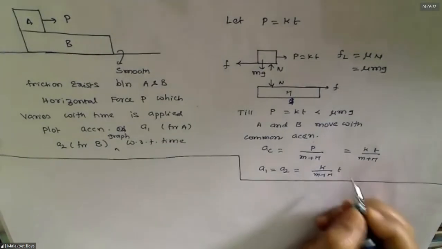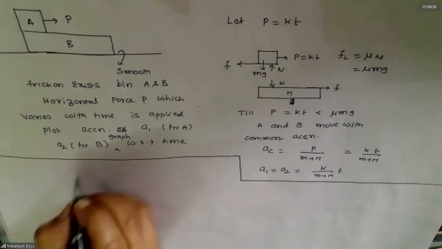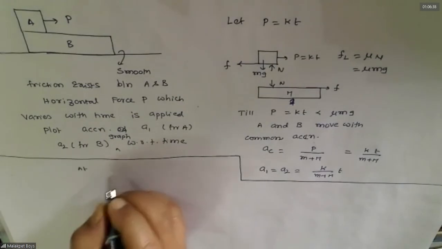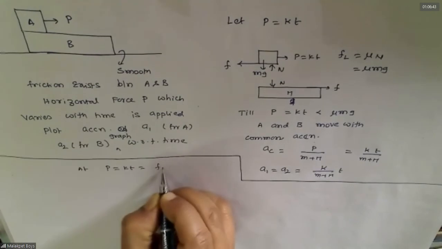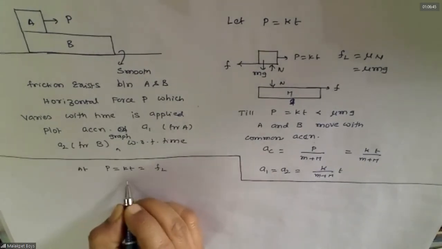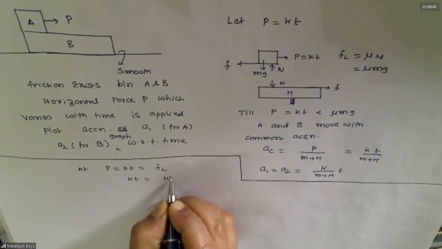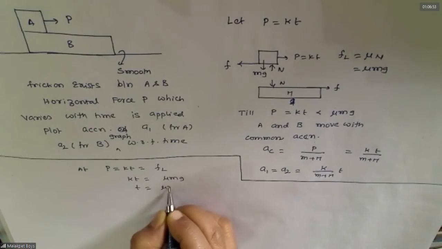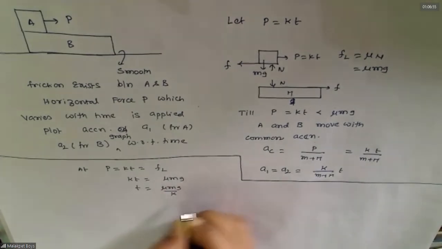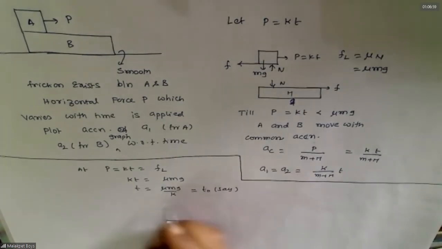Now what is this graph? Can you tell? Okay, note until here. See, at acceleration for P equals F limiting, then what you have? FL equals mu mg. What will happen?